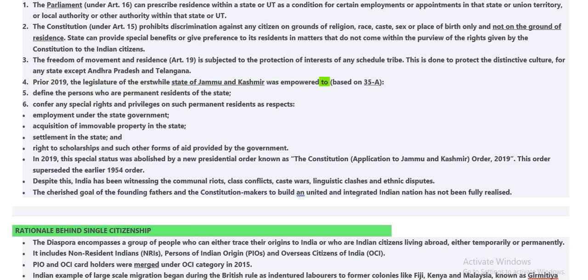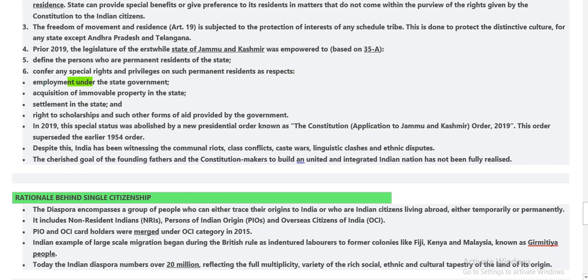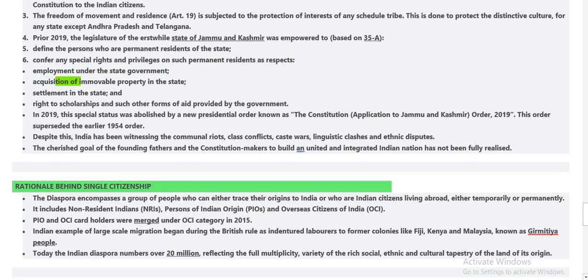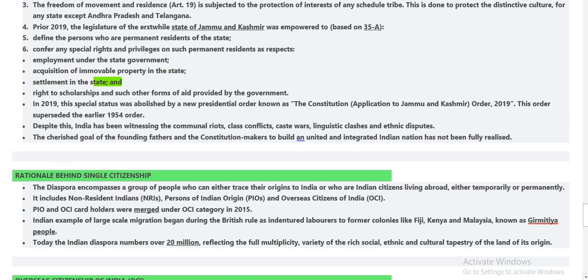Prior to 2019, the legislature of the erstwhile state of Jammu and Kashmir was empowered to, based on 35A, define the persons who are permanent residents of the state, and confer any special rights and privileges on such permanent residents as respects employment under the state government, acquisition of immovable property in the state, settlement in the state, and right to scholarships and such other forms of aid provided by the government.